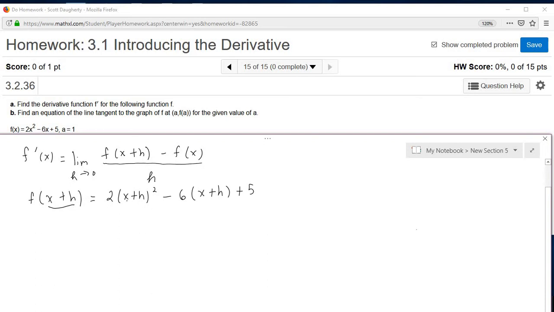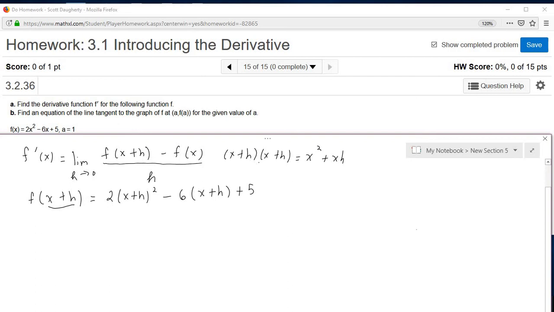Now, we're going to have to FOIL this out, so I'm going to do that on the side. So x plus h times x plus h. First would be x times x, which is x squared, and then the outer would be x times h, and then the inner would be h times x, which is the same as x times h.